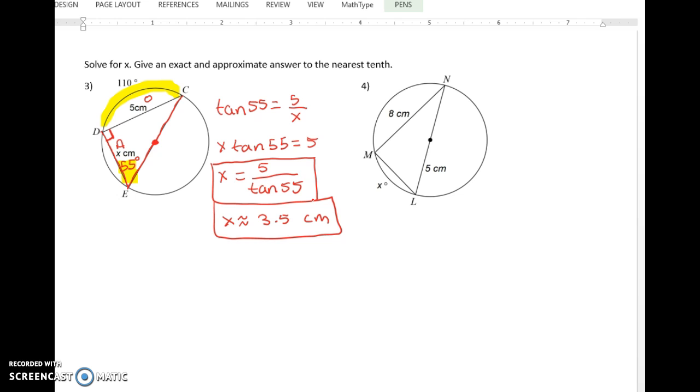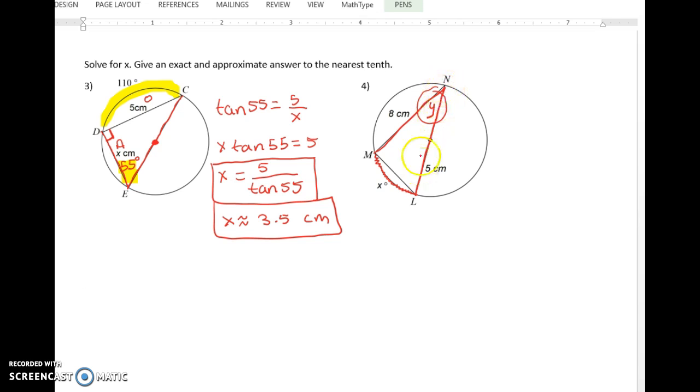Okay, so for the next problem, we're trying to find this arc here, this x. So in order to find this arc, I need to find this angle measure first. So I'm going to label this angle y, because if I can find this angle, then I can find this arc. So now I'm going to circle angle y, and I'm going to label my triangle based on what I have.